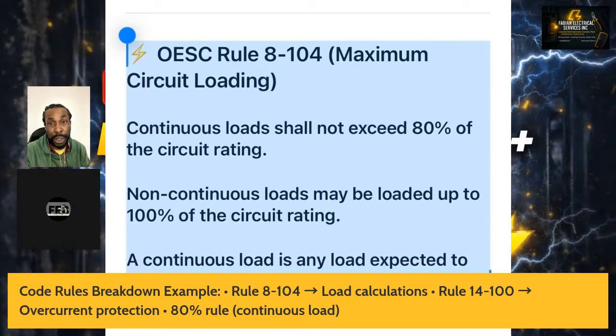A continuous load is any load expected to run more than 3 hours. That's basically what a continuous load is.